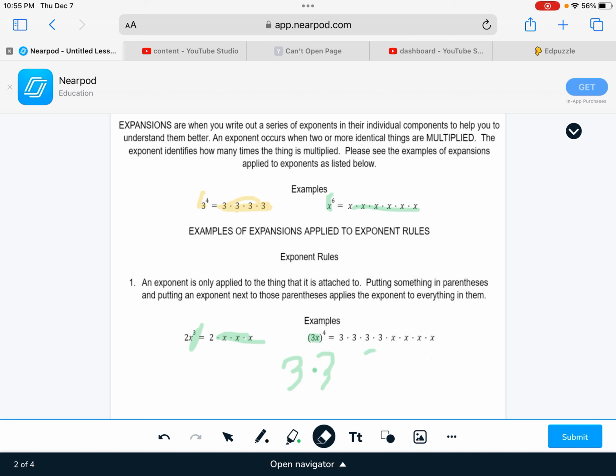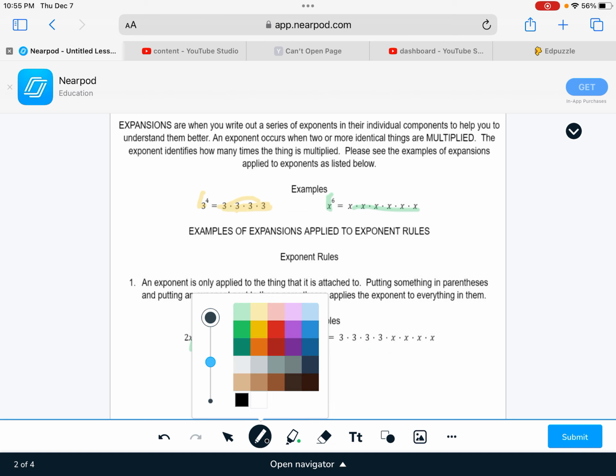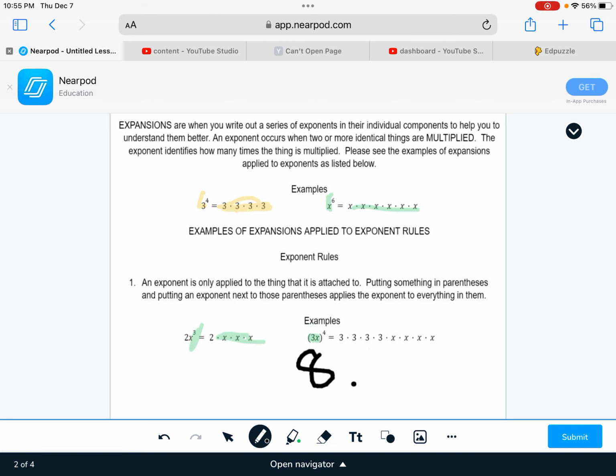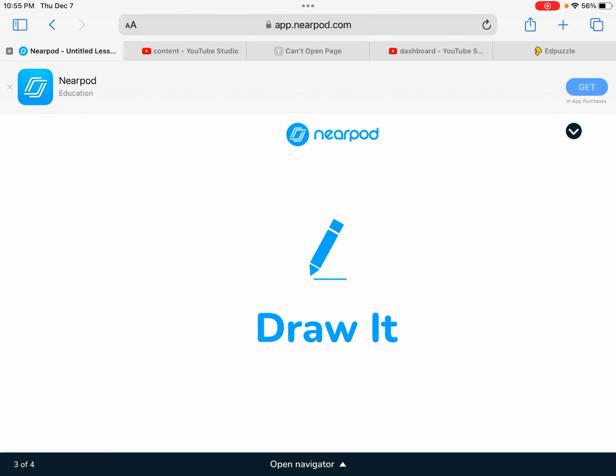And so we could think of this as 81 with x to the 4th power, because we were able to multiply those 3's together and get an actual number at the end of it. And then, of course, the x raised to the 4th power to show that there are 4 x's being multiplied together.